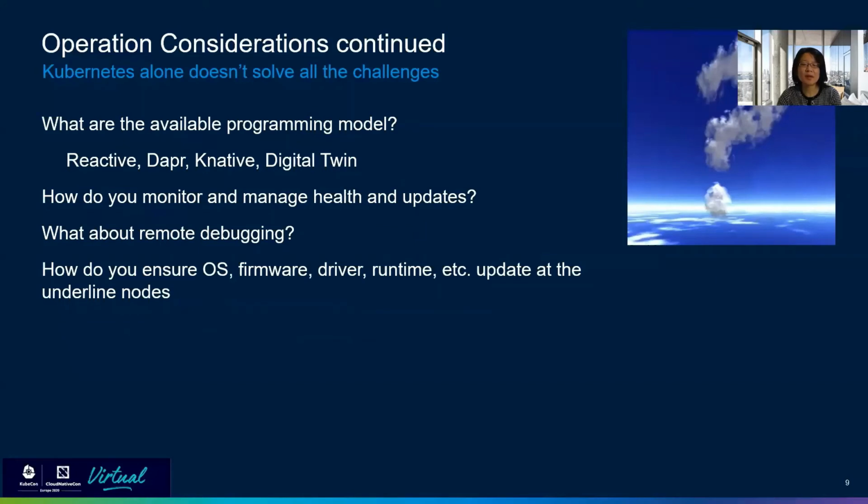Edge applications are distributed. Then we also need to think about different programming models to enable this highly distributed nature. The reactive model, like Java Spring, is widely used in the Java community.